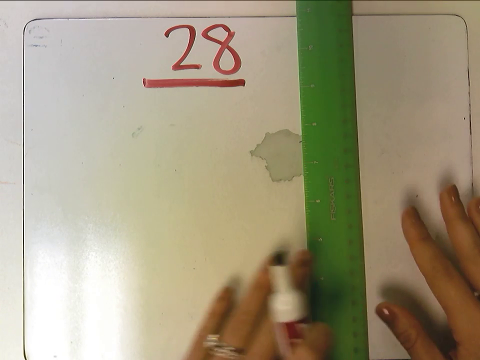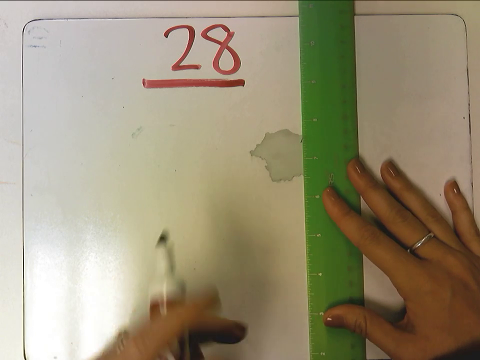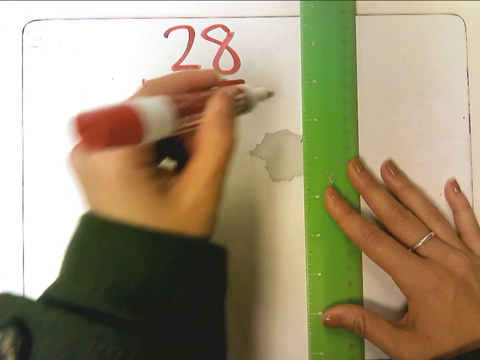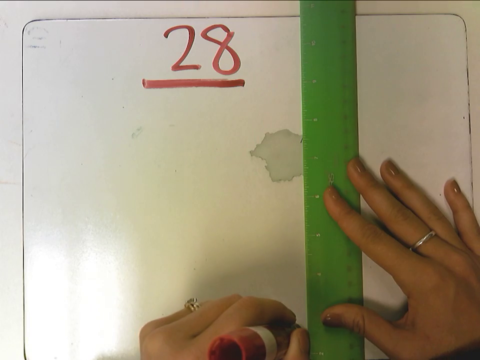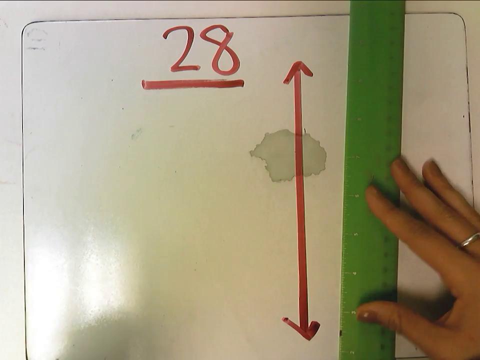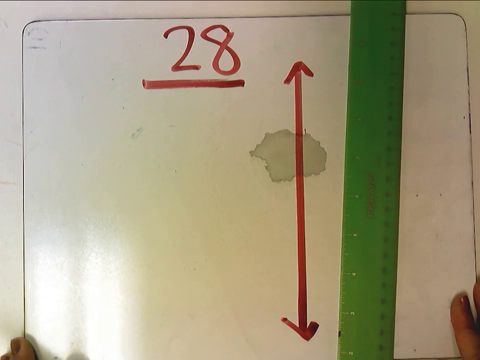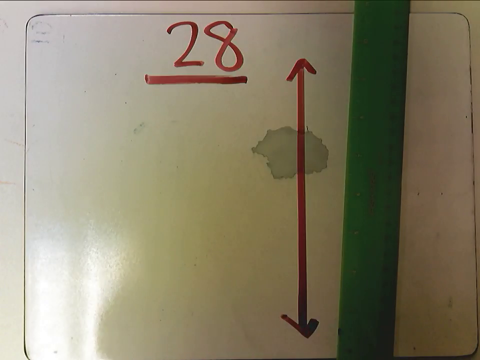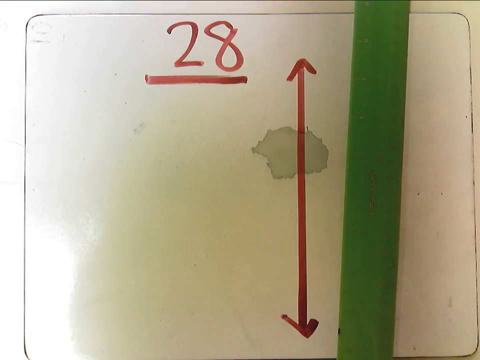On my whiteboard, I'm going to draw a number line, a vertical number line, from bottom to top. Here's our vertical number line. So remember, when we're rounding today, we're trying to round to the nearest 10.